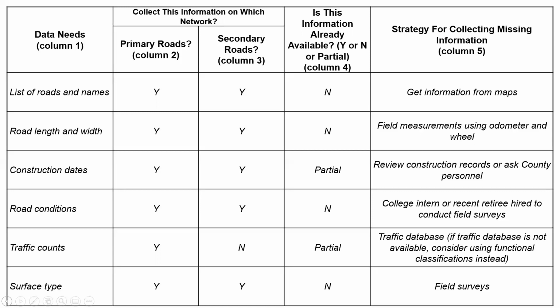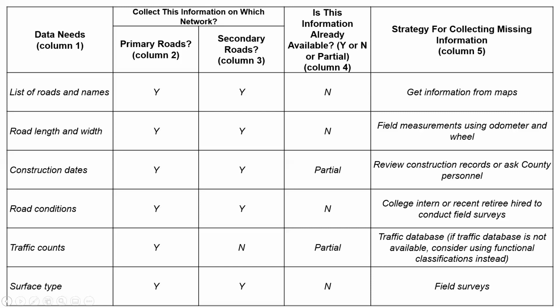And then we have other columns here where you could think about, is any of this already available? And am I going to collect it for both the primary and the secondary roads? Or if you're with the county, maybe you're thinking, am I going to do this for both the paved roads and the unpaved ones? Or do I have different things that I want to gather based upon the type of road it is, the surface type?